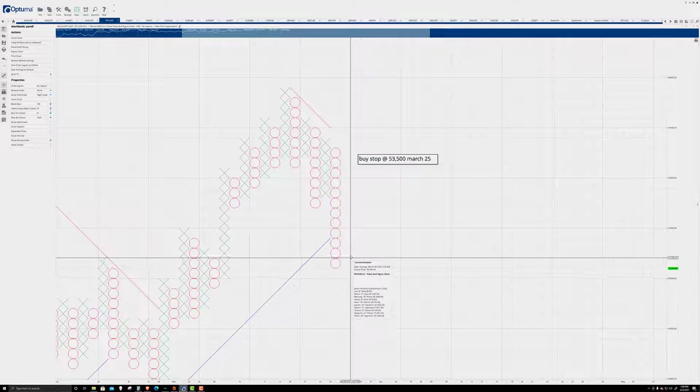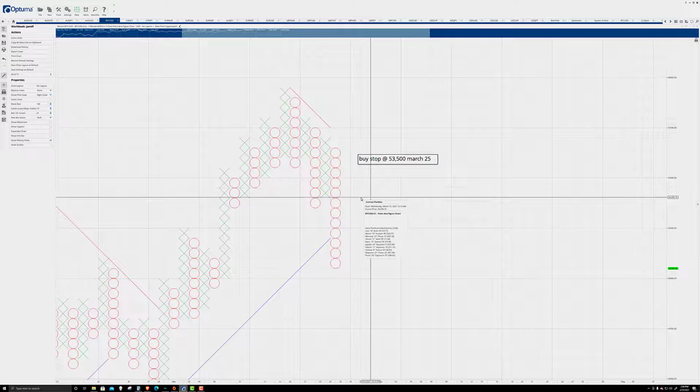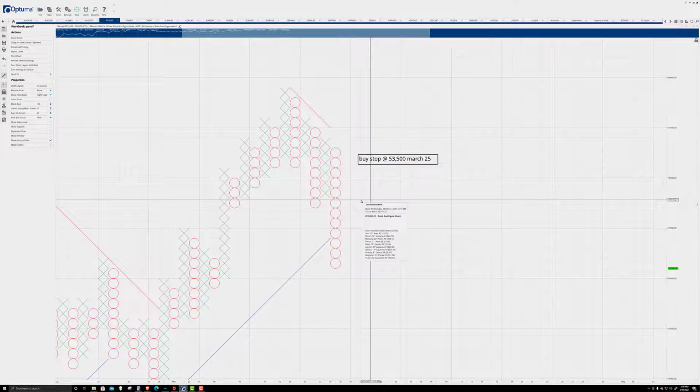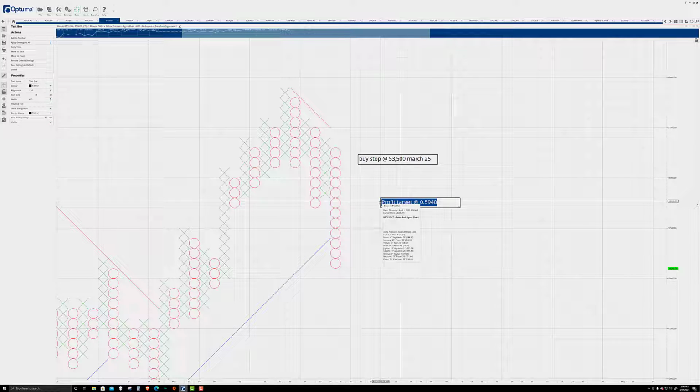So let's say price moves all the way up to 55,500. Your short entry then would be 1, 2, 3 boxes below, which is at 54,000 even. So the sell stop is one you have to actively manage.